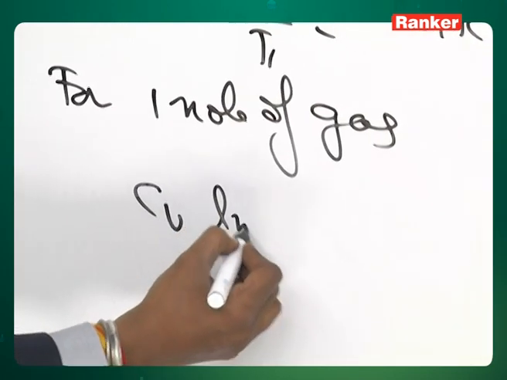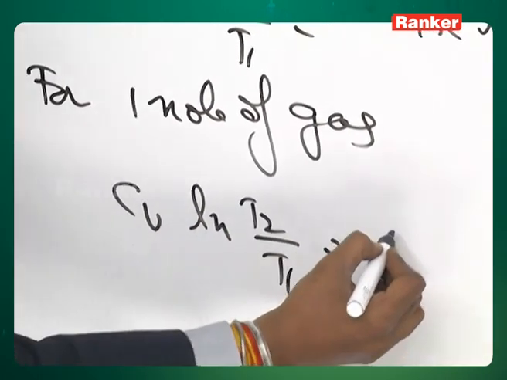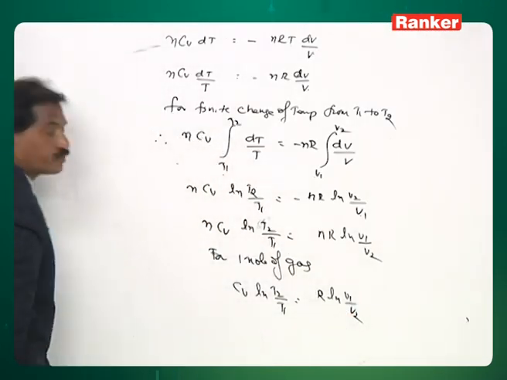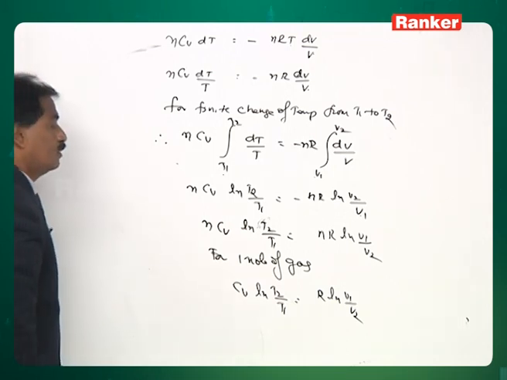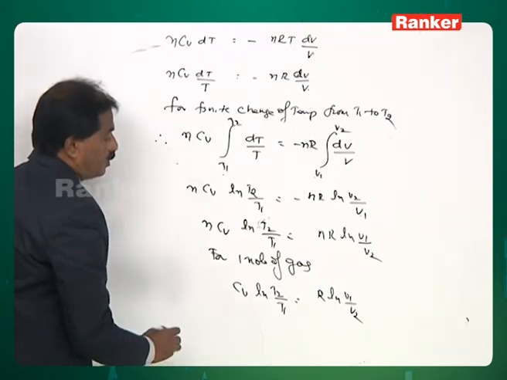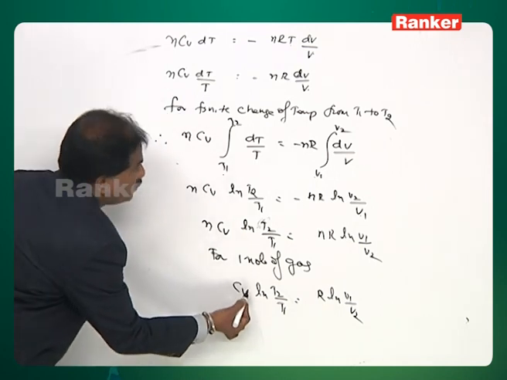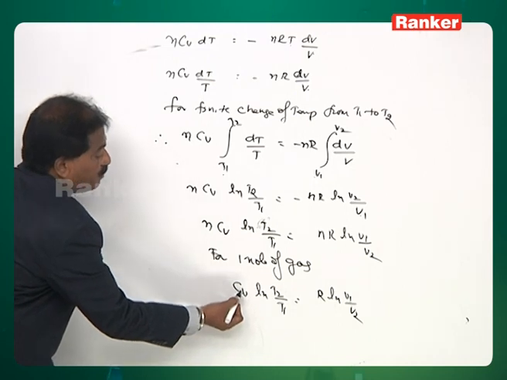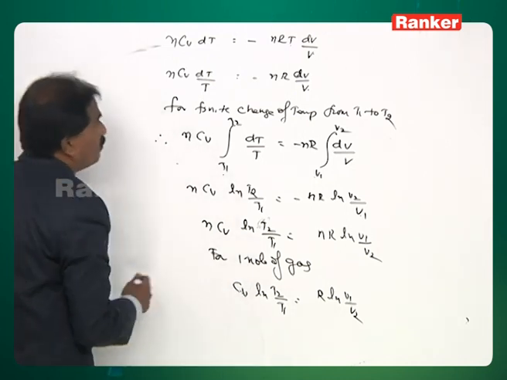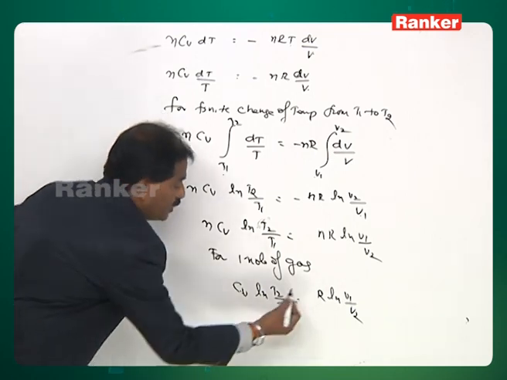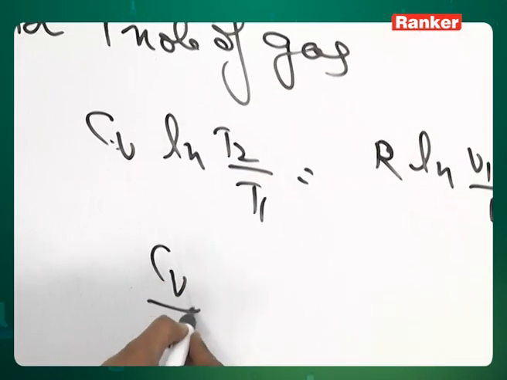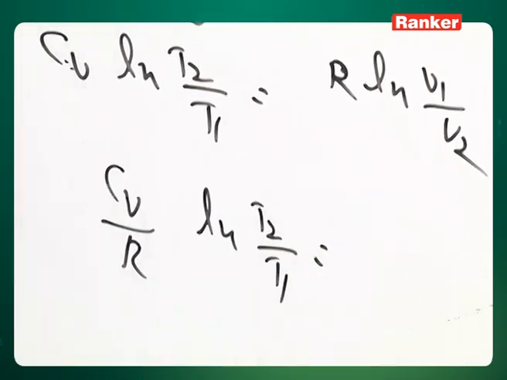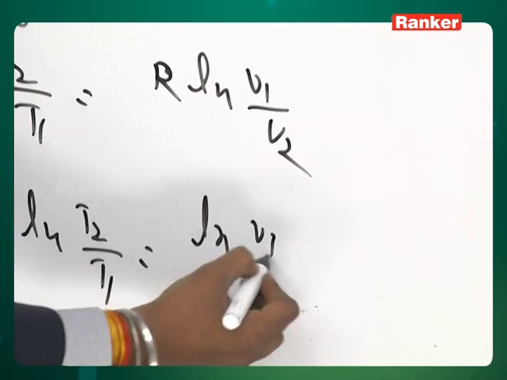Therefore, Cv ln T2 by T1 equals R ln V1 by V2. Next, in the previous case, in place of Cv, we substituted R upon gamma minus 1, or else we can represent like this also. Bring R this side, Cv upon R ln T2 by T1 equals ln V1 by V2.